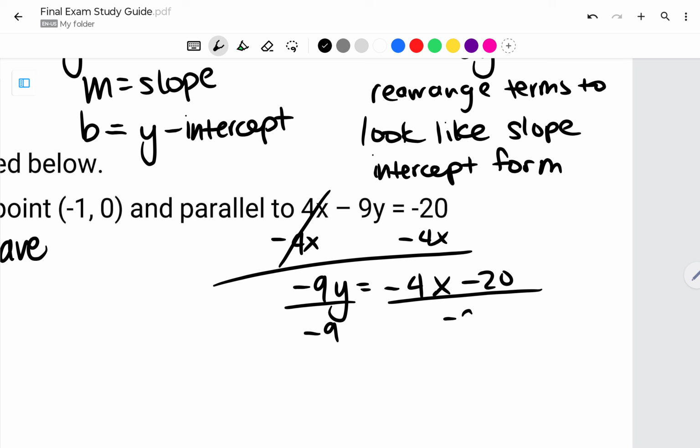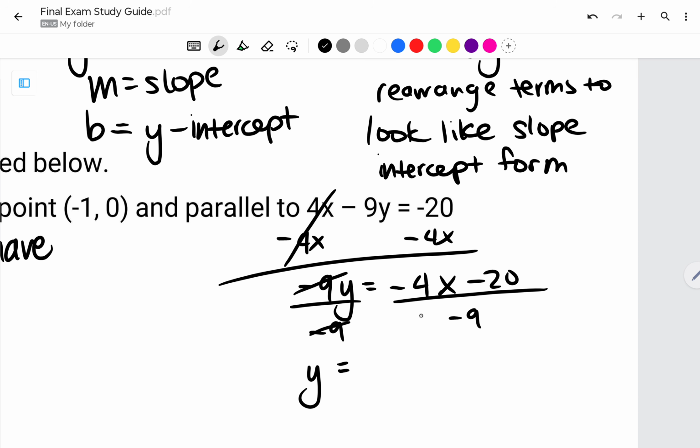Negative 9, negative 9, so these cancel out, and you're left with y. Is 4 divisible by 9? No. So let's keep it as a fraction, but I know negative and negative makes a positive, so 4 over 9. 20 is not divisible by 9 again, so I'm just going to keep the fraction, but it should be positive because negative and negative again.